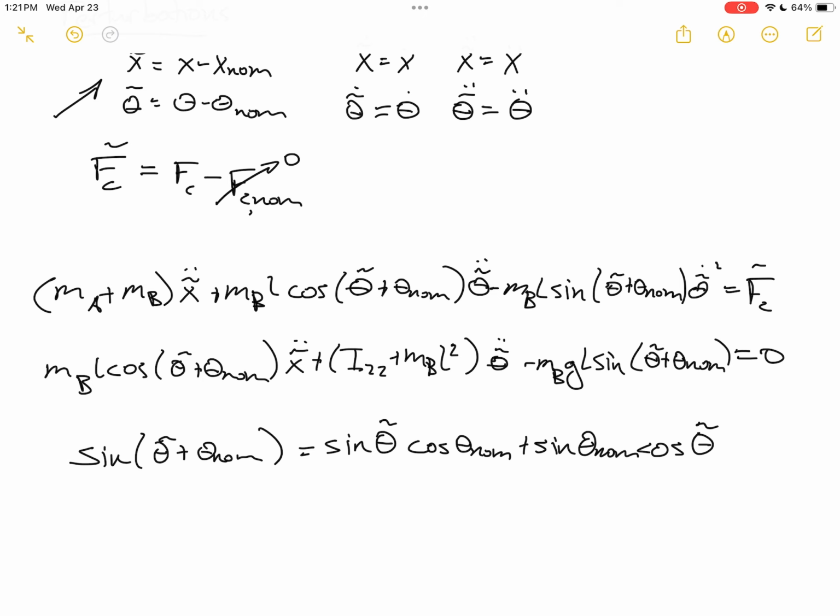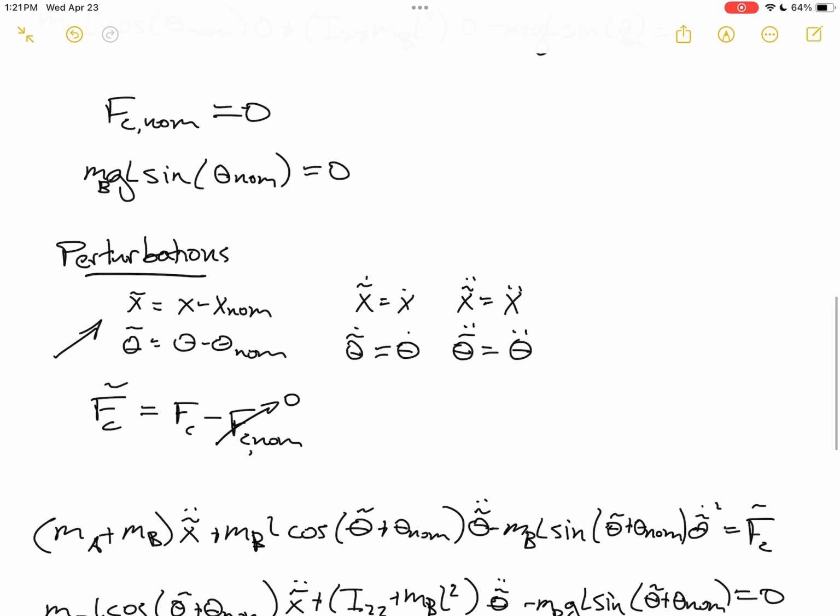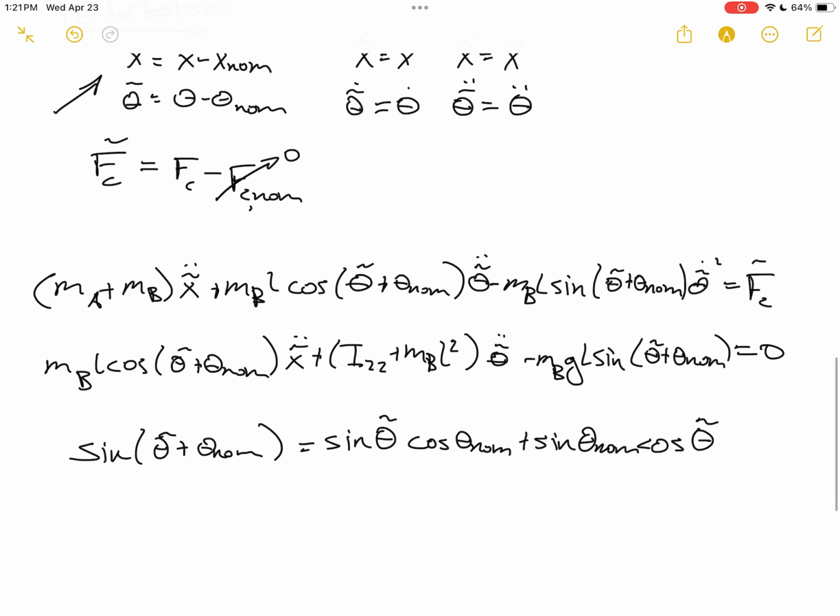And in this case, sine of theta nominal, we already determined from this equation right here, has to equal 0. So that second term goes away. And so we're left with, wherever we see a sine of theta tilde plus theta nominal, we can plug in the sine of theta tilde times the cosine of theta nominal.